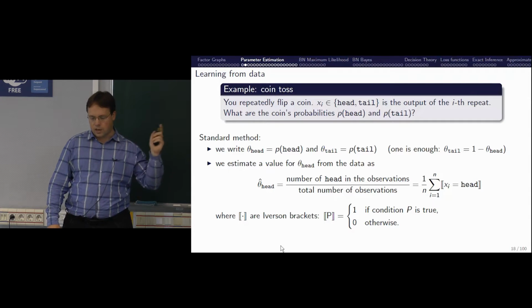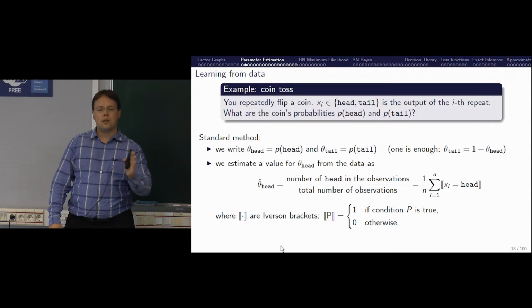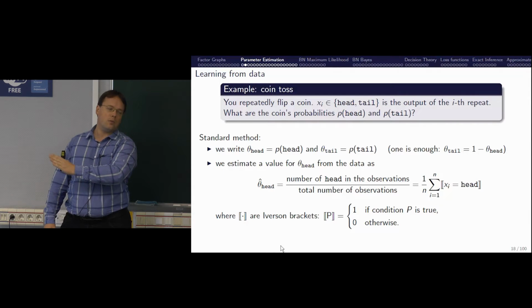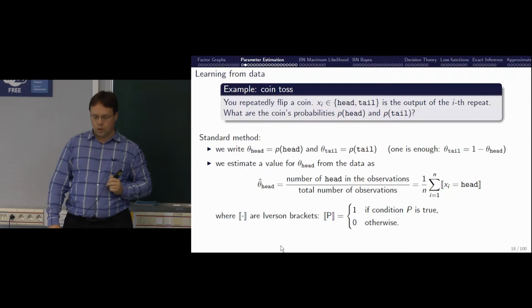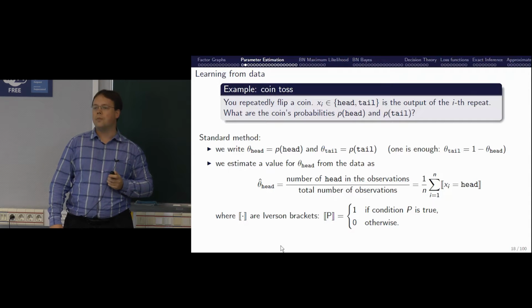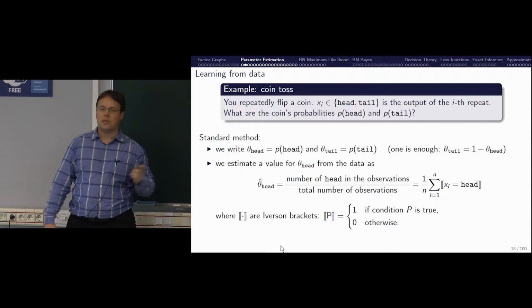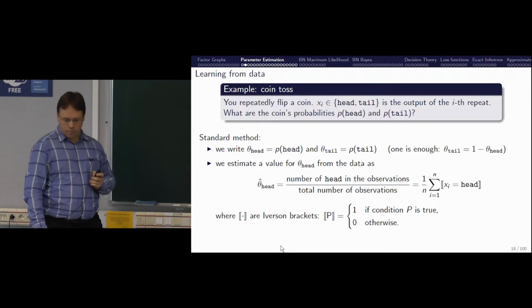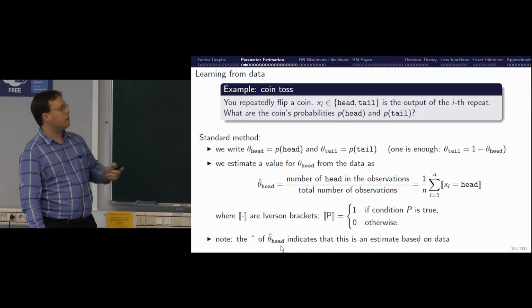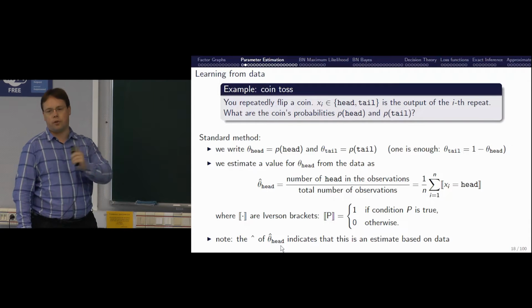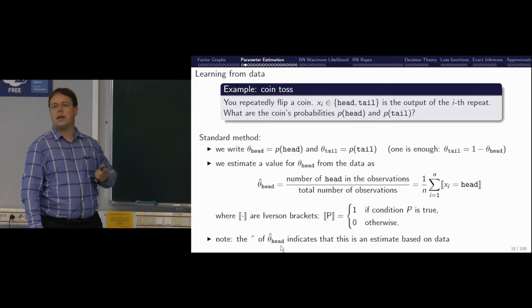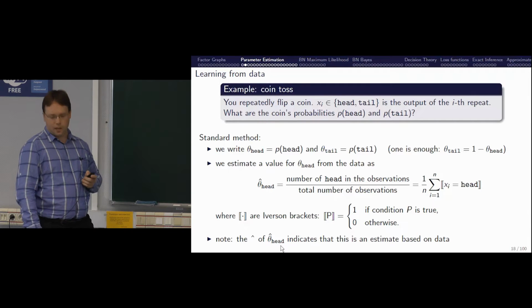So the notation here means sum over all data points that you observe. Whenever it shows head, you count a 1. When it doesn't, it counts a 0. So in the end, you get exactly this ratio that you care about. This is the easiest way from kindergarten, right? Just count and divide. Yes, and this hat notation will go through the lecture as our estimate based on data of the quantity we really care about.